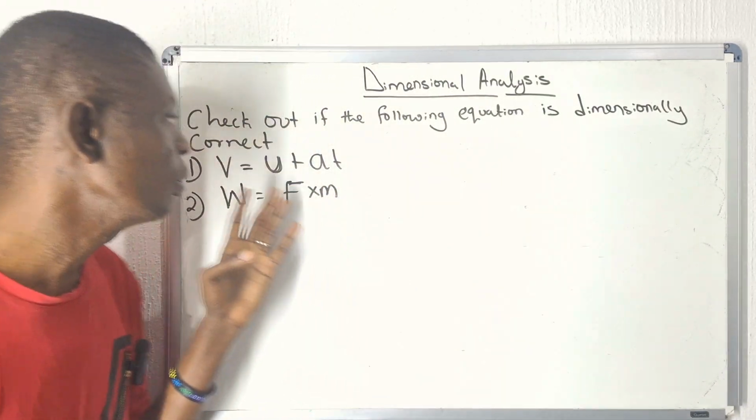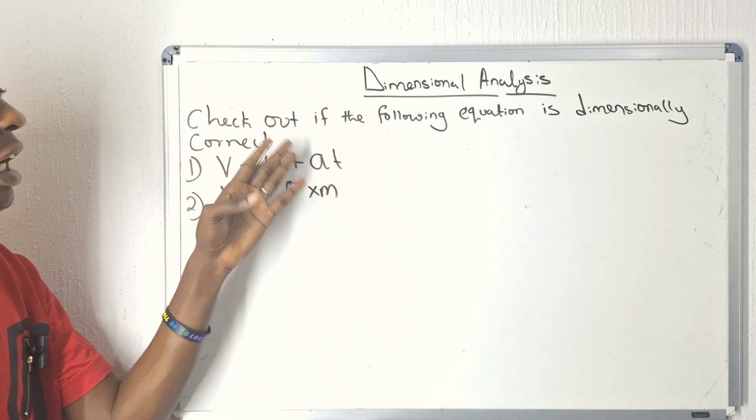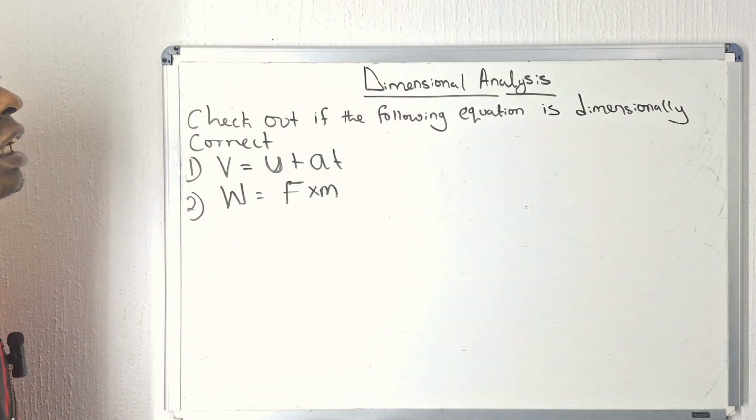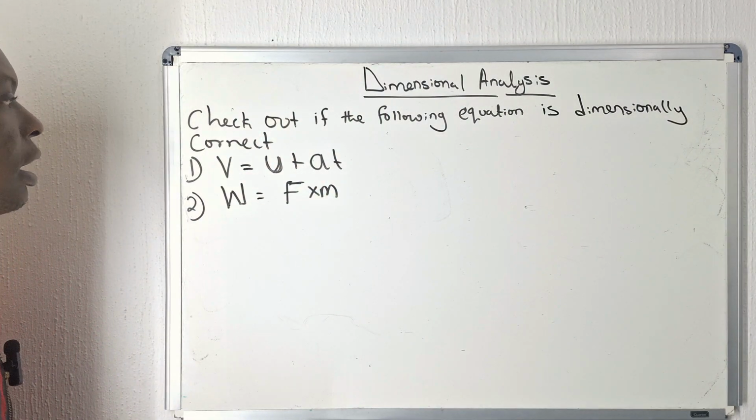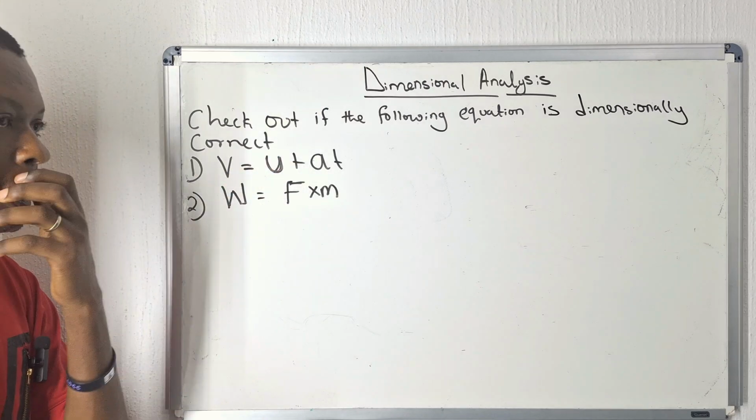So we have two equations here. They say check if the following equation is dimensionally correct. V is equal to U plus AT.